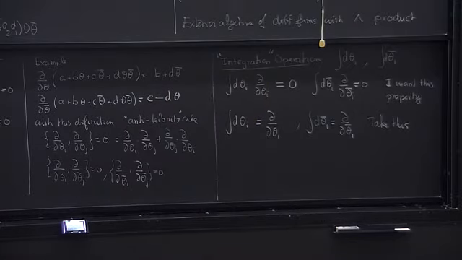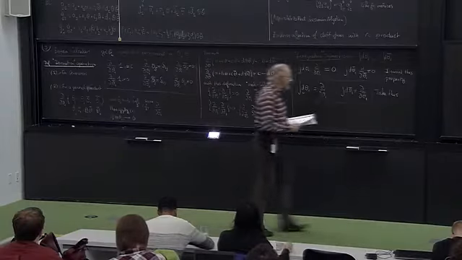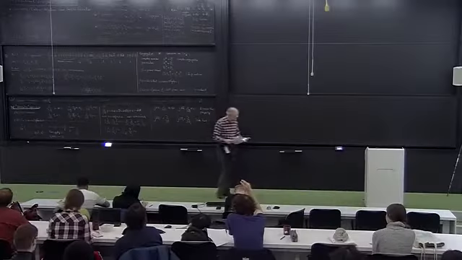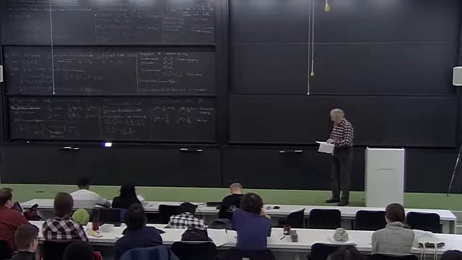Okay, so these are basically the rules that define derivation and integration. So now, I spent 45 minutes defining some strand algebra, and now I want to show you how it can be used.